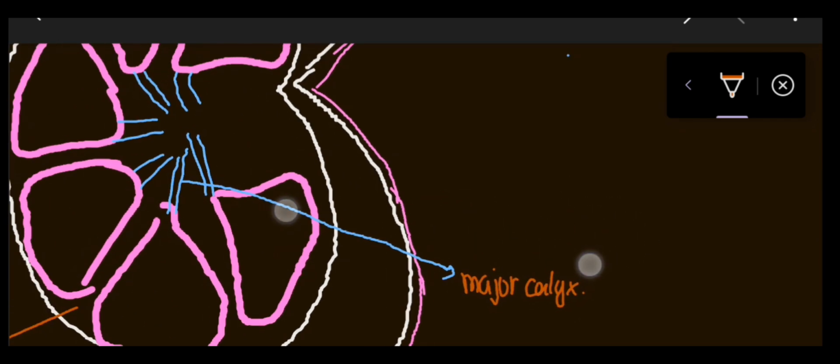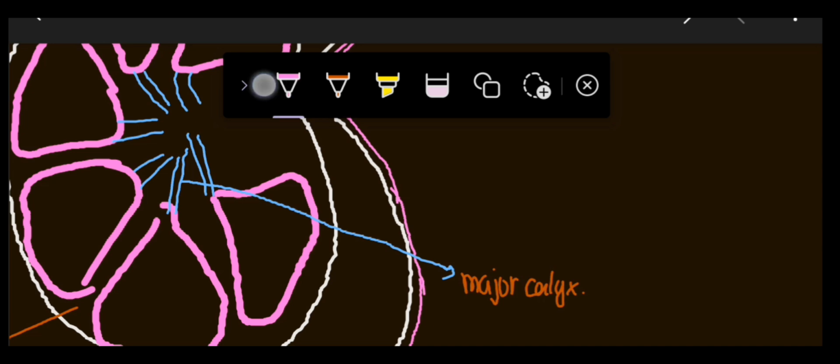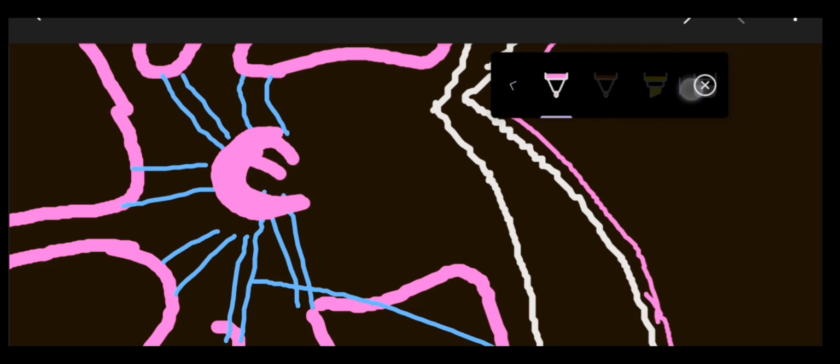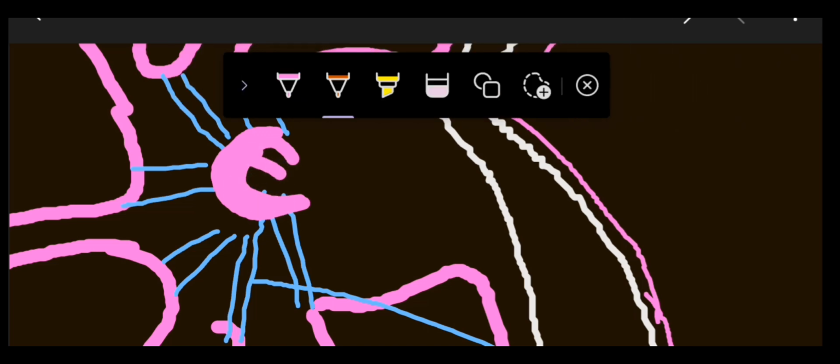After this, when these combine, they form one more circle type structure. This is known as minor calyx.